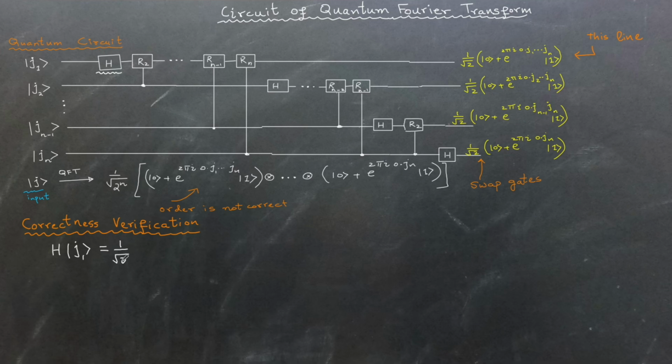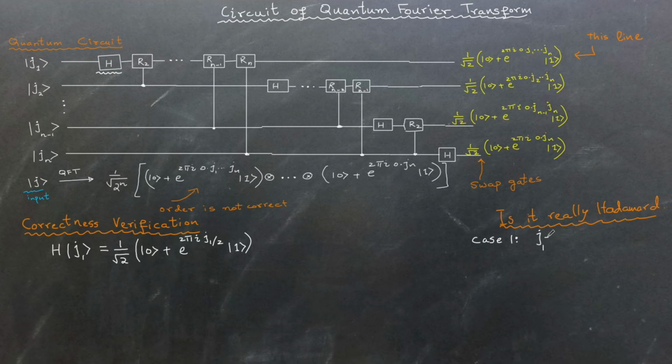The result is a superposition state which can be expressed as 1 over square root of 2 multiplied by ket 0 plus Euler number raised to the power of 2 pi i times J1 divided by 2. You might be wondering how this result is derived. Let's break it down.